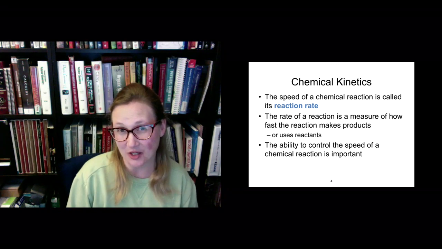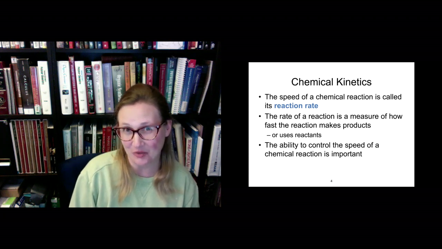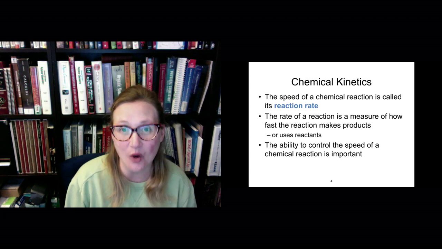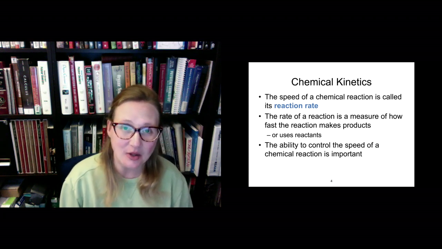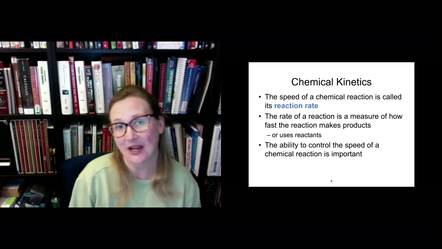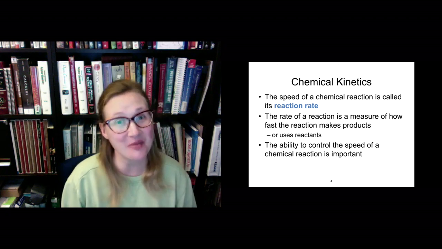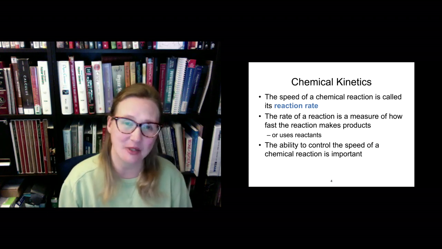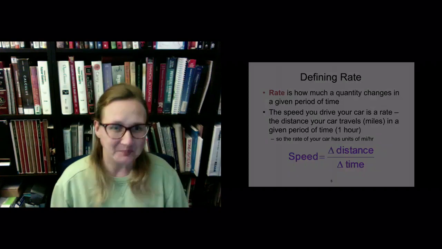We talked about the lovely lizard, who is able to slow down chemical reactions because the temperature drops. So temperature is one way in which we can control chemical kinetics. Another way is by adding a catalyst. A catalyst will serve to speed up a reaction. So there's lots of ways that we can control rates of reactions.